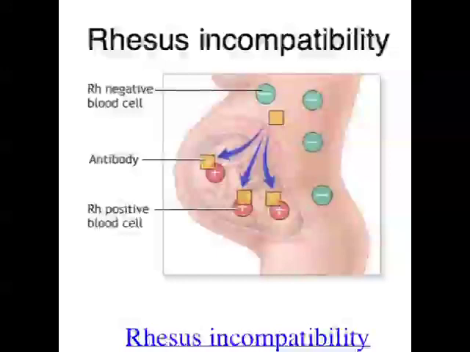This is bad, because if the mother becomes pregnant again with another Rhesus positive baby, her immune system can attack the fetus. The fetus gets disease, and it can be fatal. Fortunately, we've developed a treatment for Rhesus incompatibility, so the disease can be avoided now.